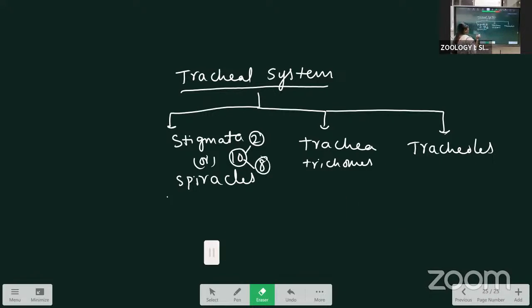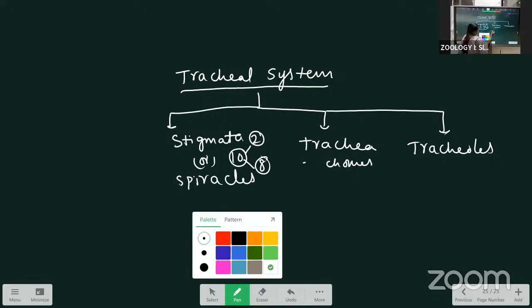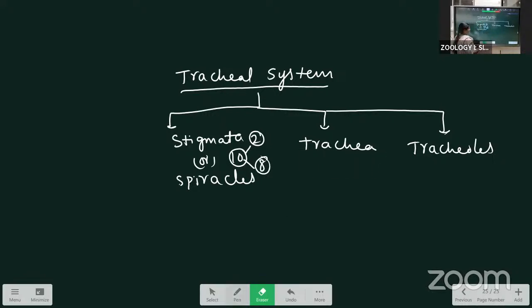Next one is the trachea. These are tubular structures. The spiracle, for example, this one is the opening. The spiracle opens into an empty space.